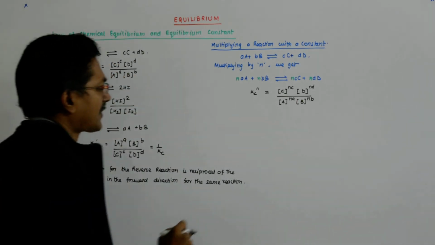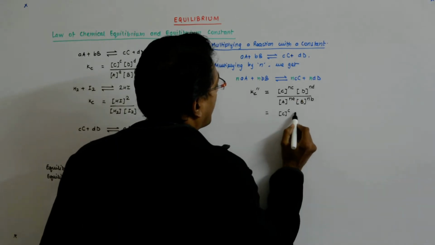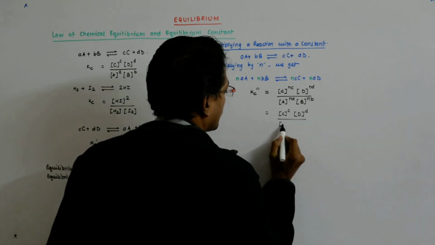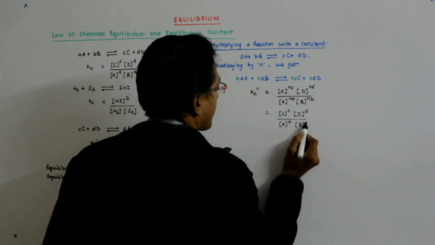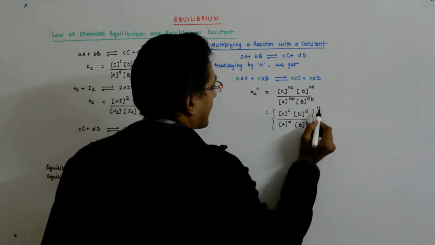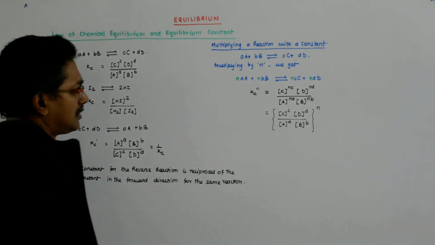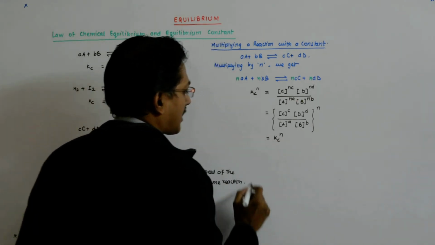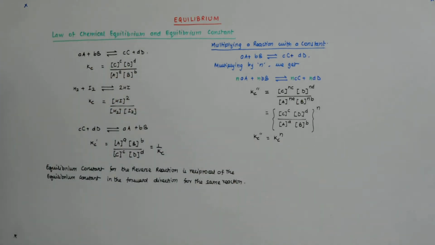Now, if you look at it, it becomes equal to this raised to the power n, is it not? And this is what? Kc, so it becomes Kc to the power n.